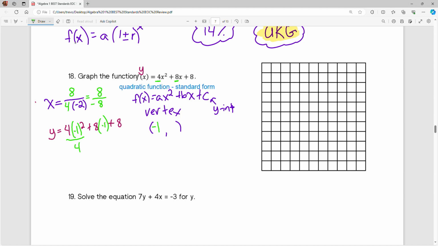And 8 times negative 1 becomes minus 8. And then bring down your plus 8. Your minus 8 plus 8 cancel each other out. So y equals 4. So now that I know that my y-intercept is 8, and I know that my vertex is at negative 1, 4, I can get to graphing.